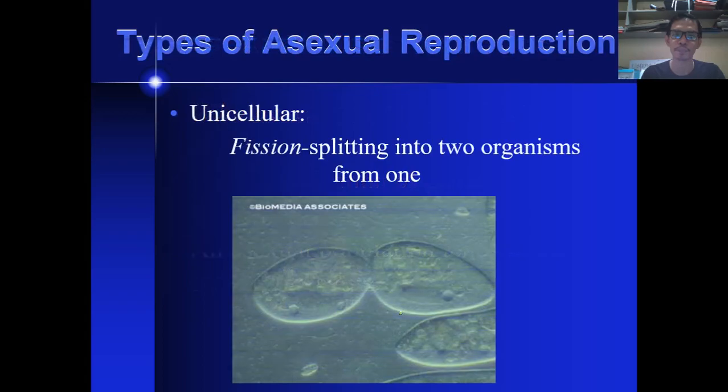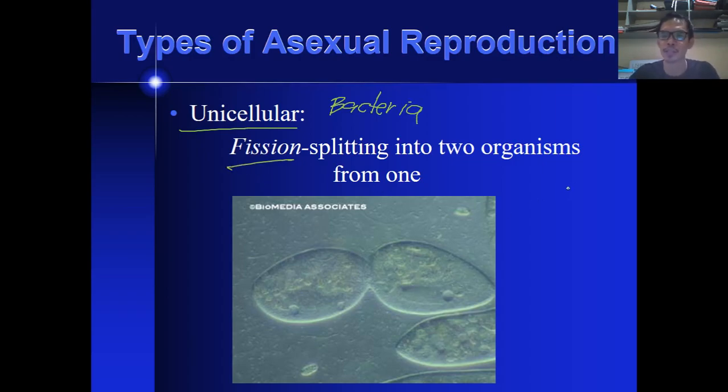Alright, now there are several kinds of asexual reproduction. First, in a unicellular organism, which you already know is, from the word itself, a one-celled organism, like bacteria. All bacteria undergo fission.